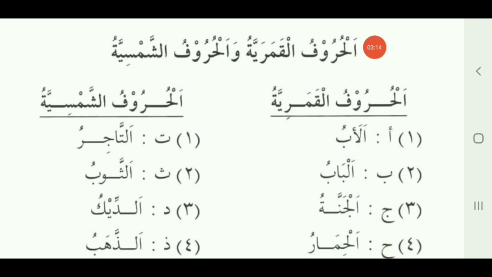But huruf al-shamsiyya are those letters that whenever they come after an alif and lam, the lam will be silent. But there is going to be a sign that there is a lam before the letter, and among those letters is shin.